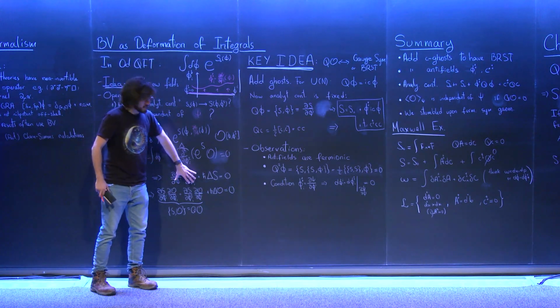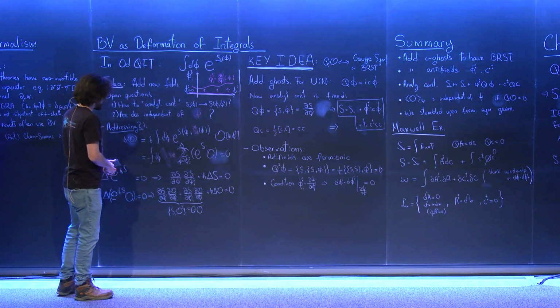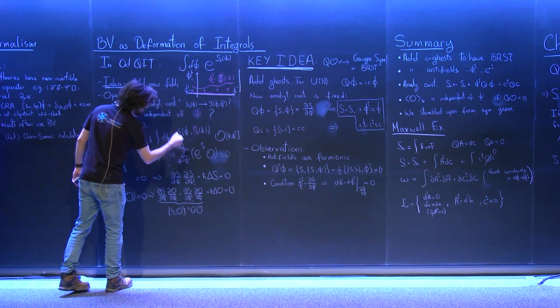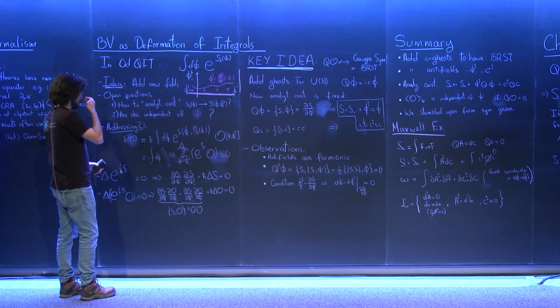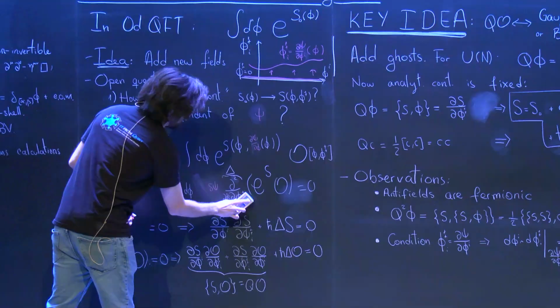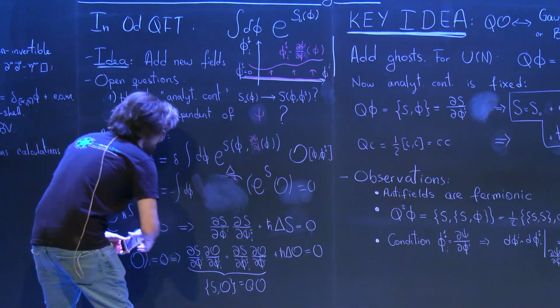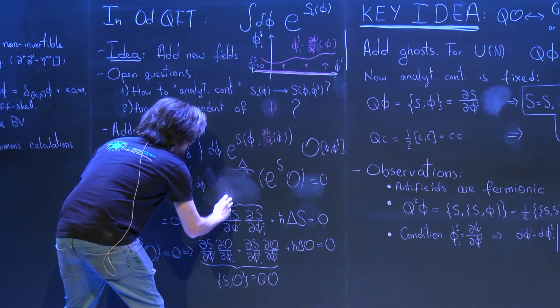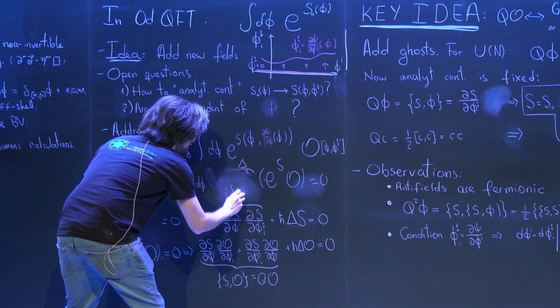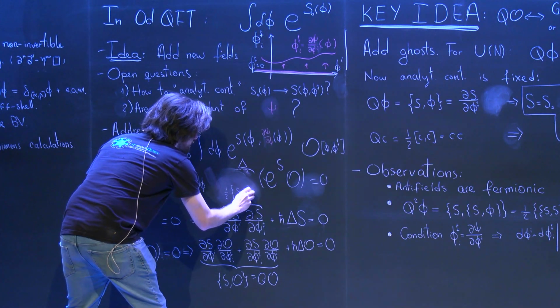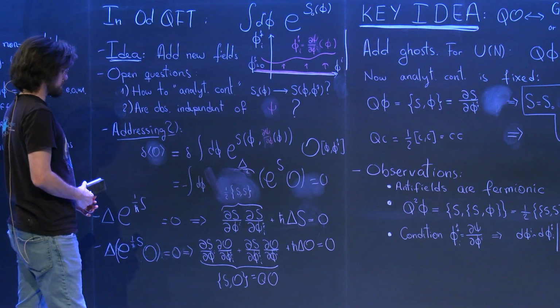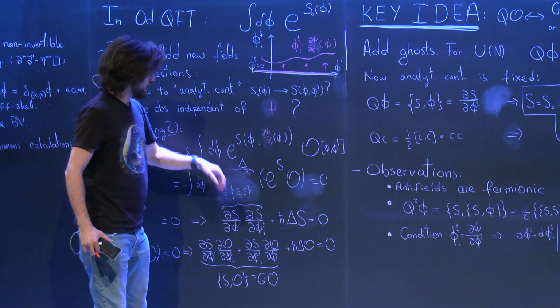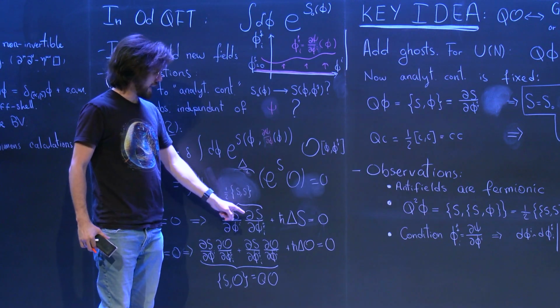But focusing on this term, this term in the equation can be rewritten somewhat succinctly. I will make some space here. This equation essentially can be written as 1/2 of the Poisson bracket of the action with itself.